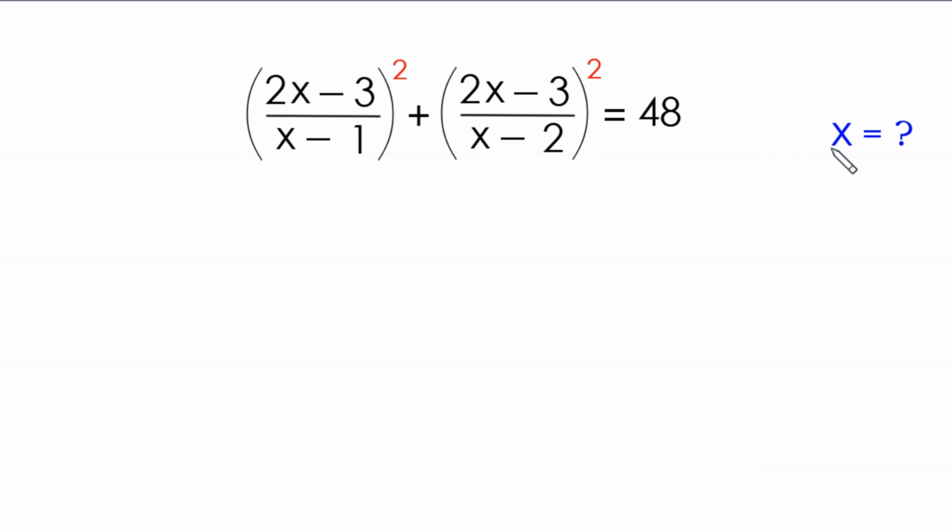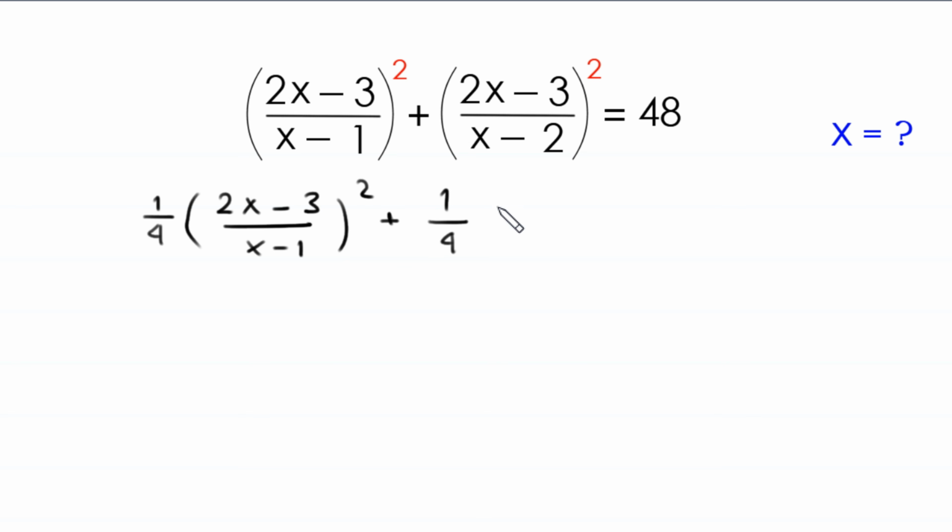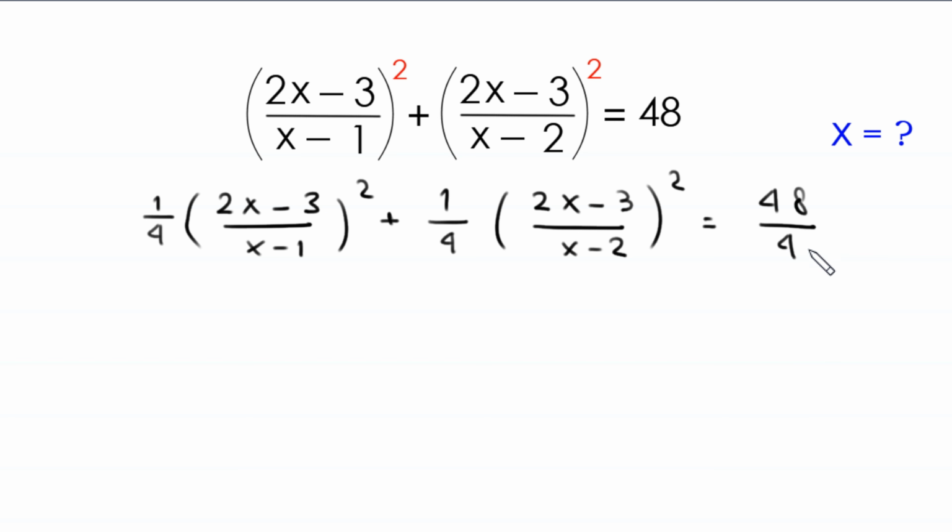So let's start. First we divide both sides by 4, so this will become 1/4 times ((2x-3)/(x-1)) whole squared plus 1/4 times ((2x-3)/(x-2)) whole squared equal to 48 divided by 4.